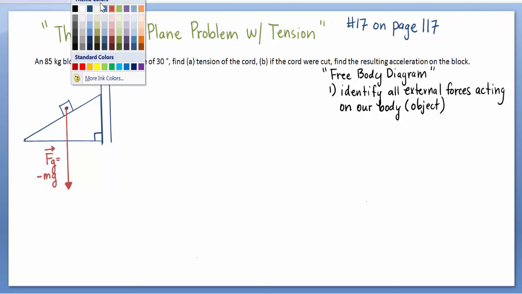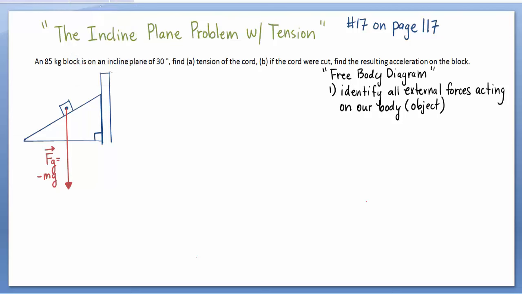Now I say negative mg because our coordinate axis system is like so. We have, don't mean to write there, but I'll need that space somewhere else. This is the plus y, this is the plus x.